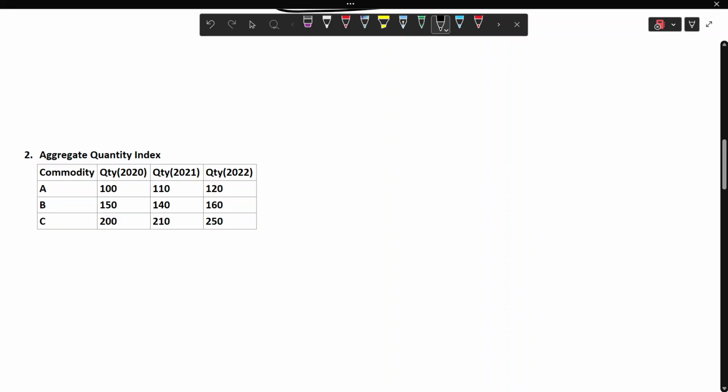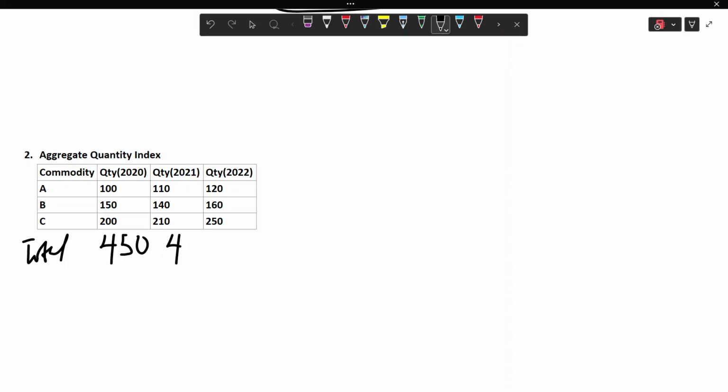Okay. The next thing is aggregate quantity. So the first step we have to do is to find the total, since we are dealing with aggregate. So the total quantity for year 2020 is 100 plus 150 plus 200, 450. 110 plus 140 plus 210, also giving us 460.